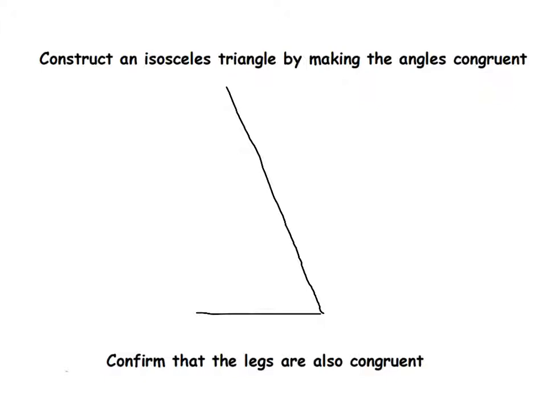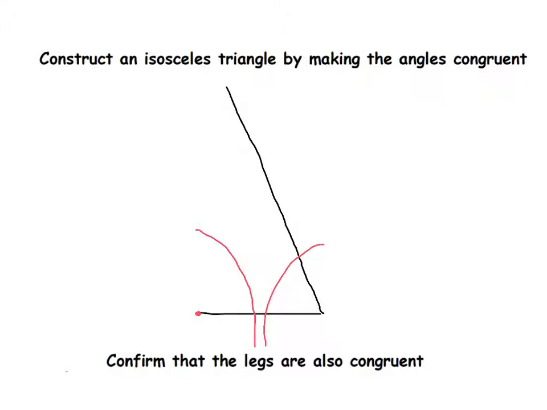Now what I want to do is create an angle over here that matches this angle here. I need to copy this angle over to here. To copy an angle, you're going to put an arc through here, random measurement, then come over here, put your point there, and make the same random arc.